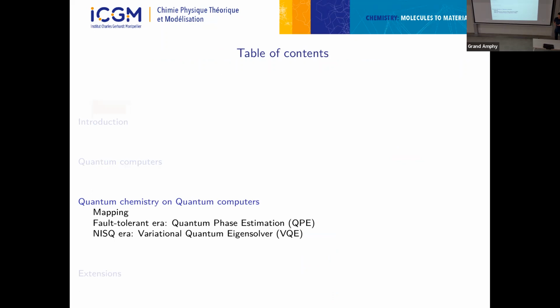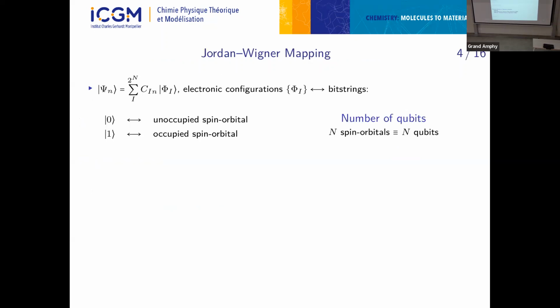So how can we really put a quantum chemical problem onto a quantum computer? One of the most well-known mappings, but there also exist others, is called Jordan-Wigner. And it's simply a one-to-one mapping between the occupation of a spin orbital and the state of your qubits.